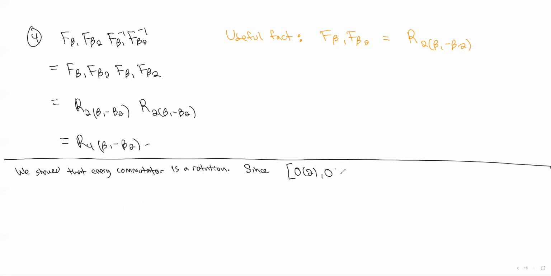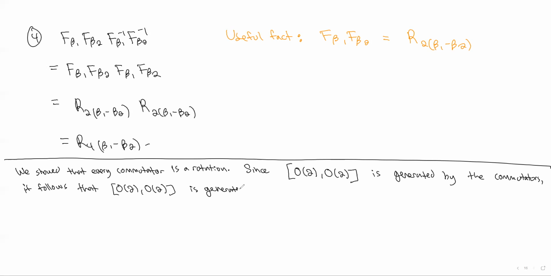So then, a commutator is just the elements, right? These F beta 1, F beta 2, F beta 1 inverse, F beta 2 inverse. That's a commutator. The commutator subgroup is a subgroup generated by the commutators. So since this is generated by the commutators, it follows that it is generated by rotations.